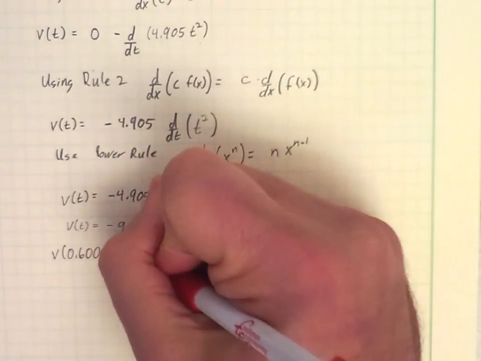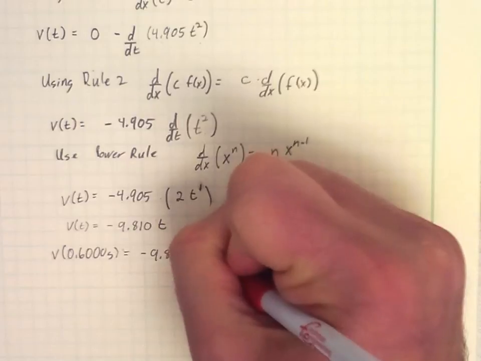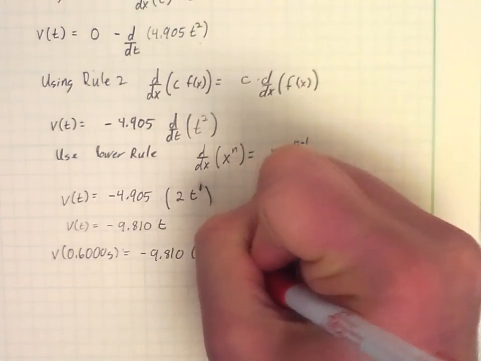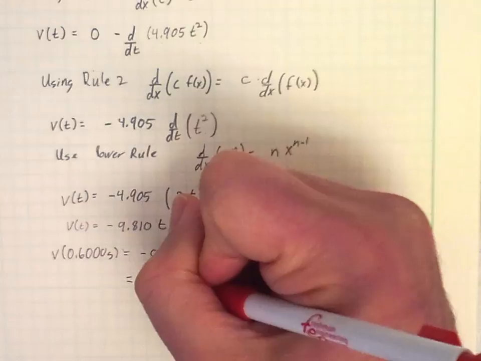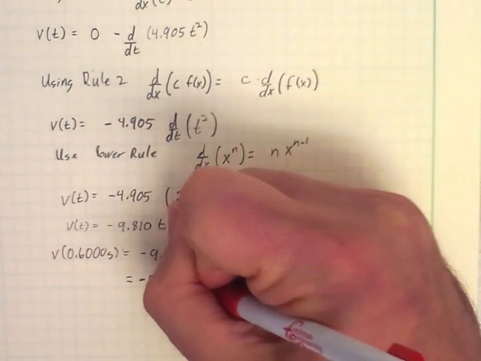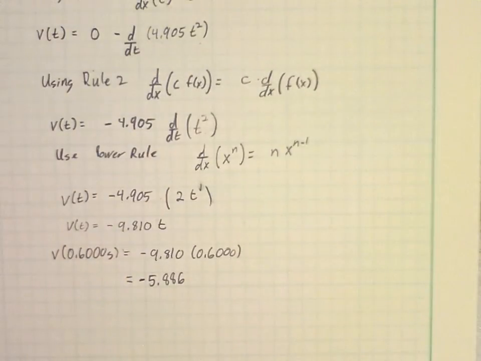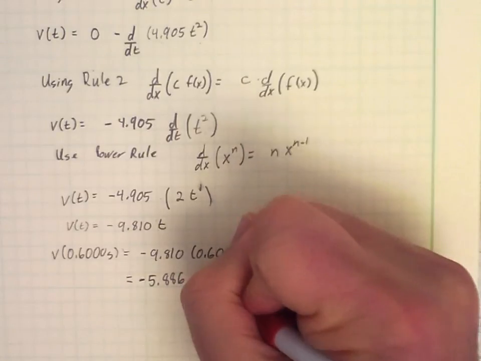It's just going to be what I get when I plug that value in there, times 0.6000. So that value is negative 5.886. And the units of it, it's a velocity, so it's meters per second.